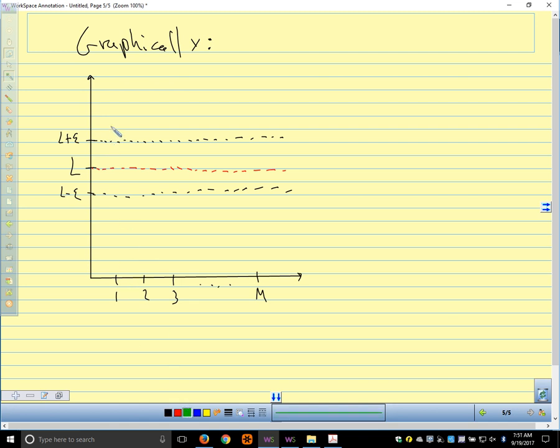So say the first term is here, and the second term is here, and the third term is here, and the fourth term is somewhere else. What it's telling us is eventually my terms are all going to be inside this band.